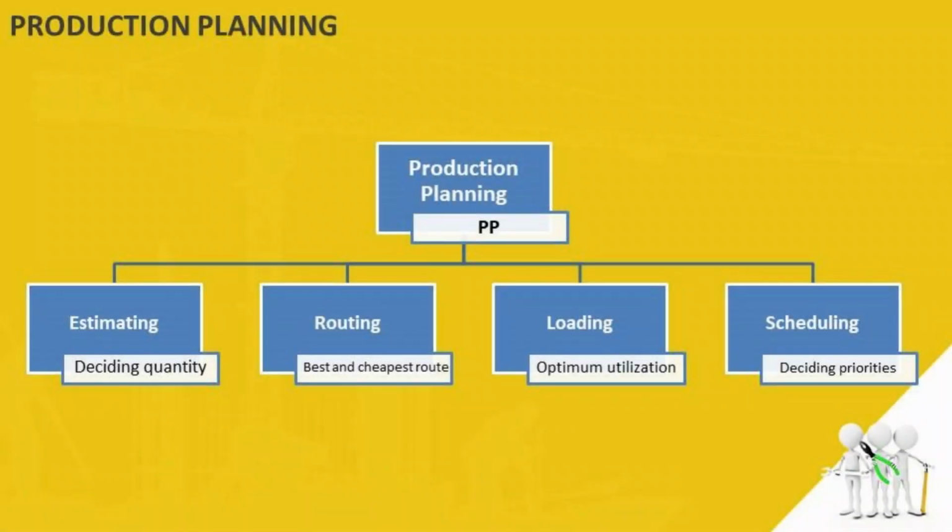Then we have scheduling. See, scheduling is deciding the priorities for each job and planning the timetable of production, which is done through considerate allocation of start and finishing time for each operation and the entire series as routed.